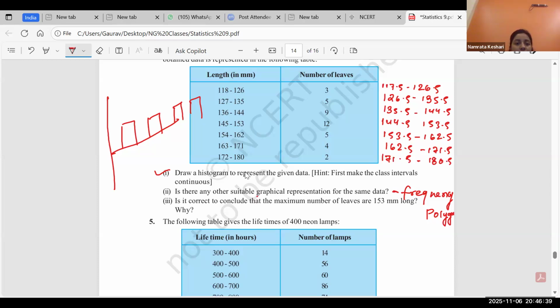Yes, ma'am. Okay, so is it correct to conclude that the maximum number of leaves are 153 millimeter long?